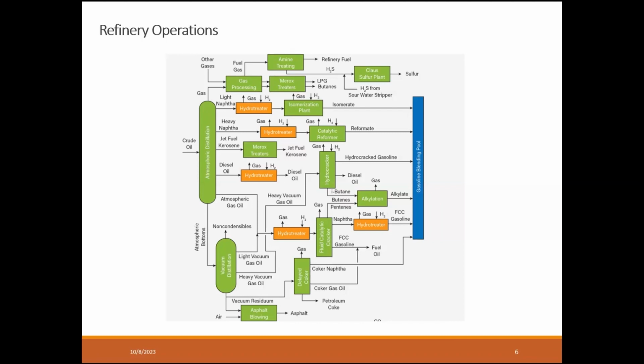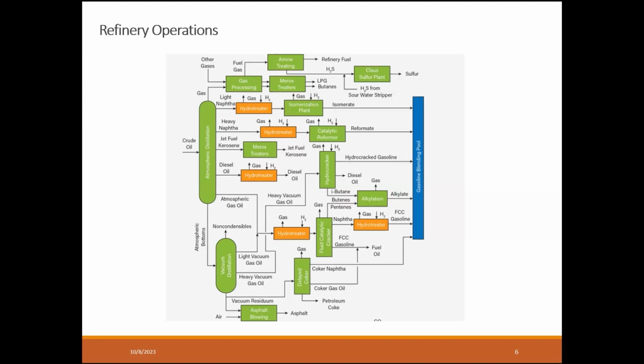If we want more naphtha, maybe we'll take it from, I don't know, Malaysian crude oil, from Tapis or Bintulu, which is lighter than Middle Eastern crude oil.